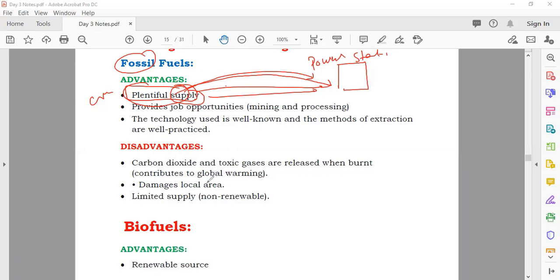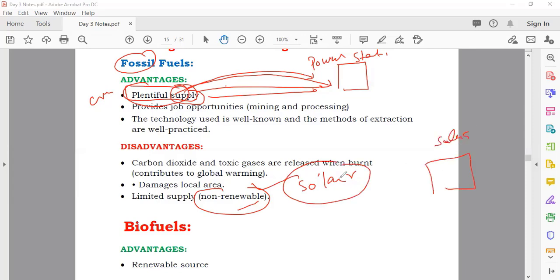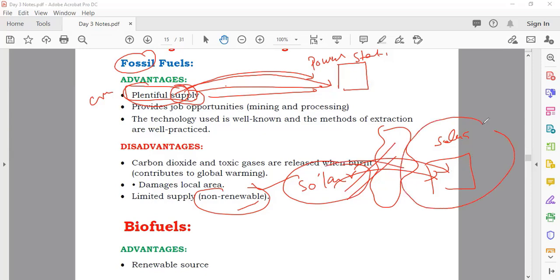But if you have renewable, like solar, and you have a solar cell here, you need sunlight on the solar panel to produce electricity. But if the clouds come, your supply is limited. Maybe no supply, finished. Now you cannot produce electricity.